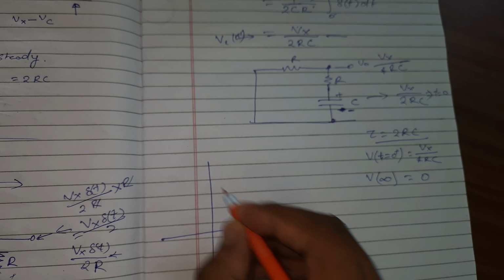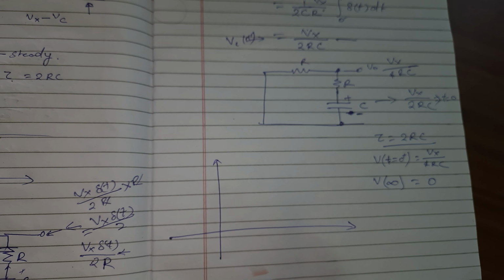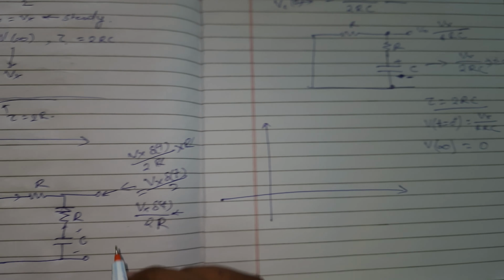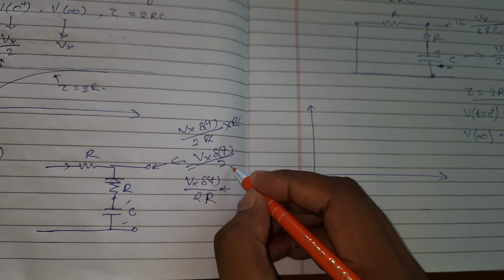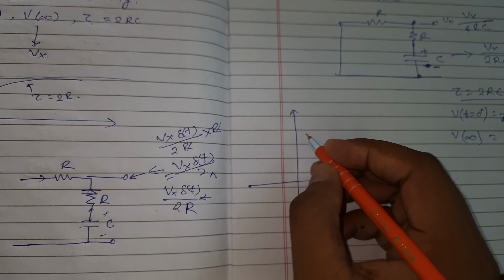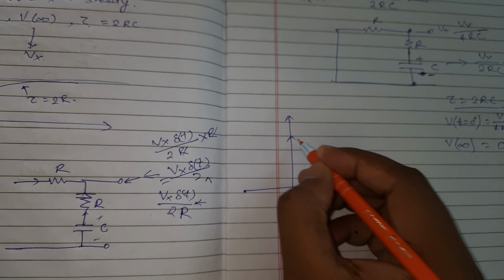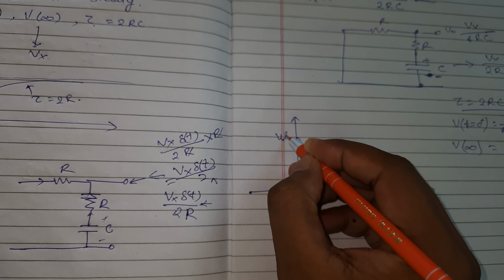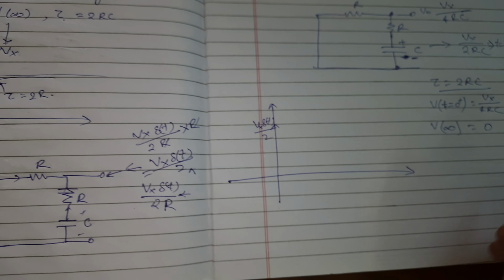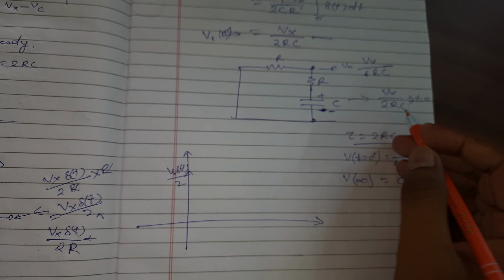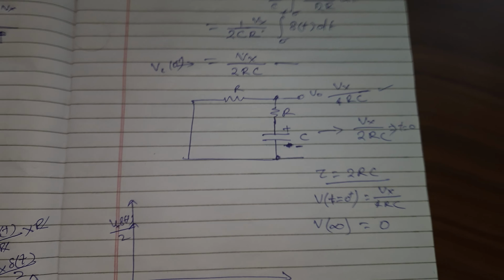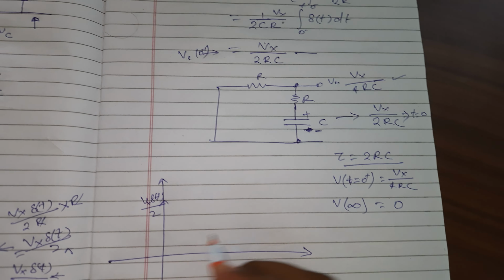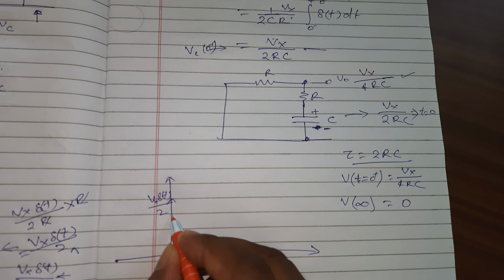The output waveform will be like this: at t is equal to 0, the voltage will suddenly rise up to Vx delta t by 2, and then suddenly it will change to Vx by 4RC.